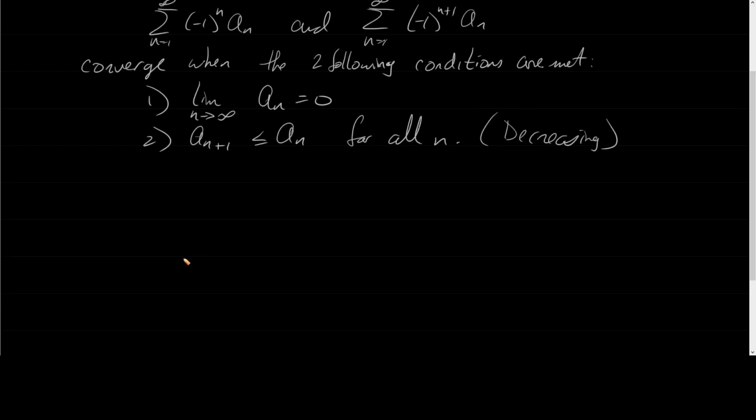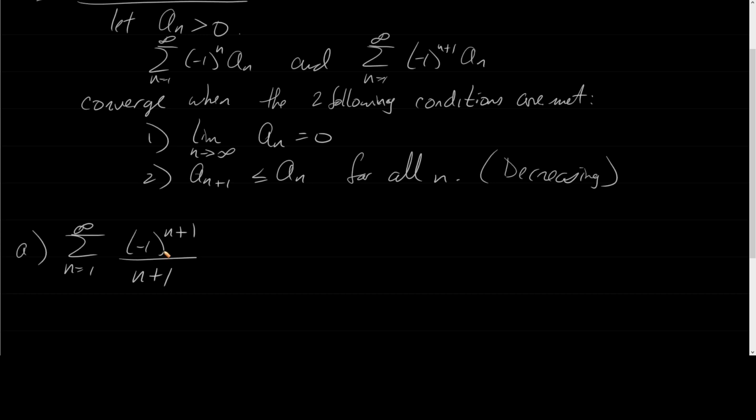All right, so let's look at some examples. Let's say I have the series from 1 to infinity of negative 1 to the n plus 1 over n plus 1. All right, now in here, what would the sequence be? Notice here that when I define the sequence, I did not talk about that negative 1 to a power.